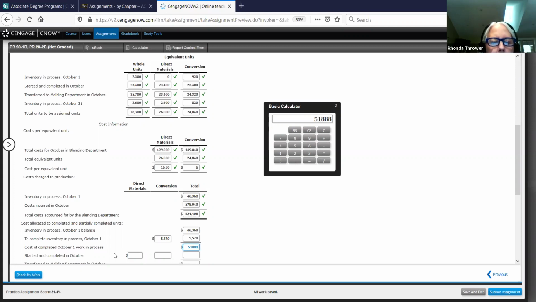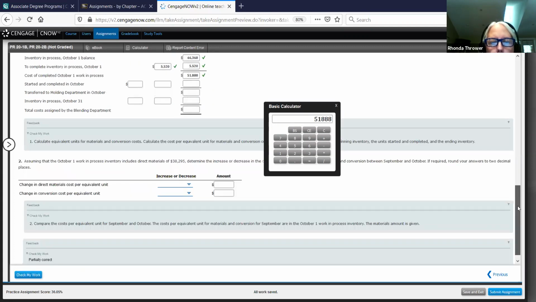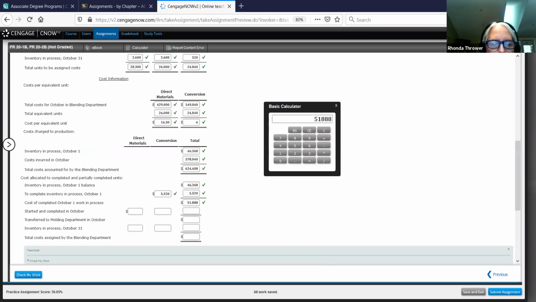And it's a good idea to check your work at this point. You don't want to go any further if you've got something wrong here. So the total cost of my beginning inventory was 51,888. 46,368 came from last month. This month, it cost us this amount to finish those beginning inventory units.